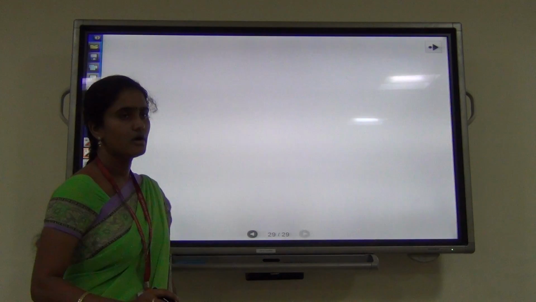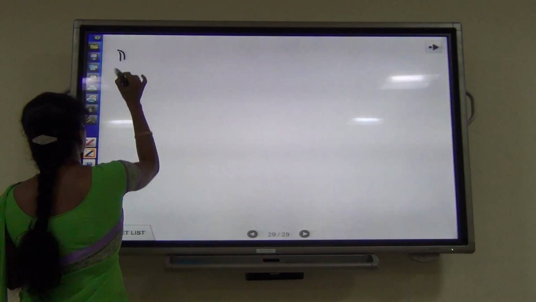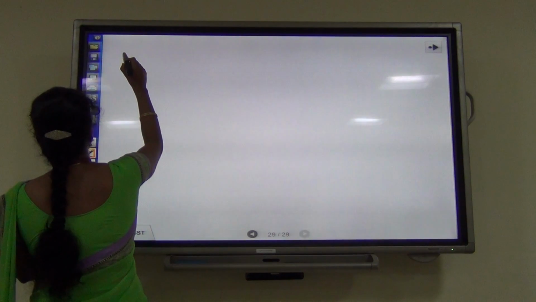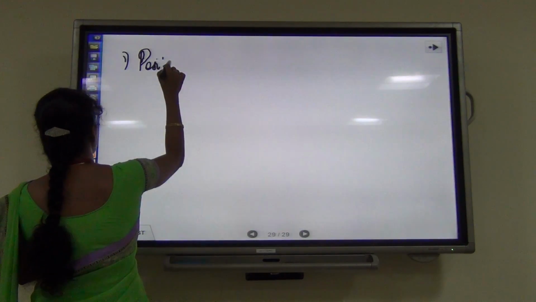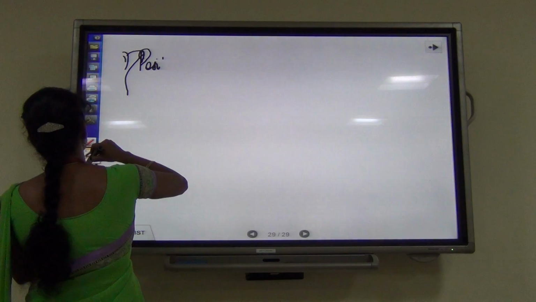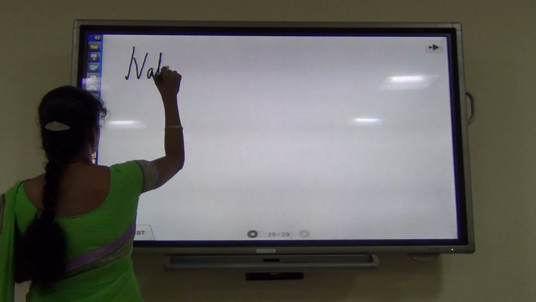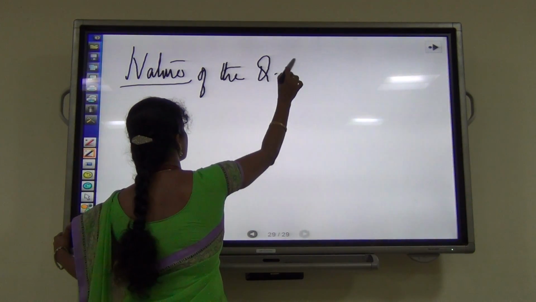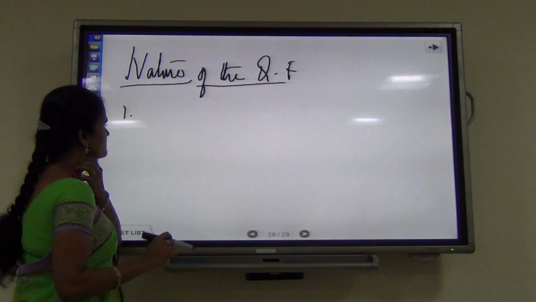To get the nature of the quadratic form through eigenvalues, there are 5 different natures.